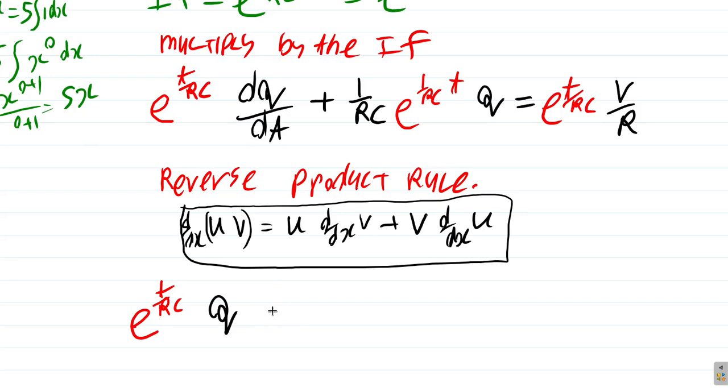So here now, you say that that would be equal to e to the t over rc multiplied by v over r. Alright, so that is what you have there.